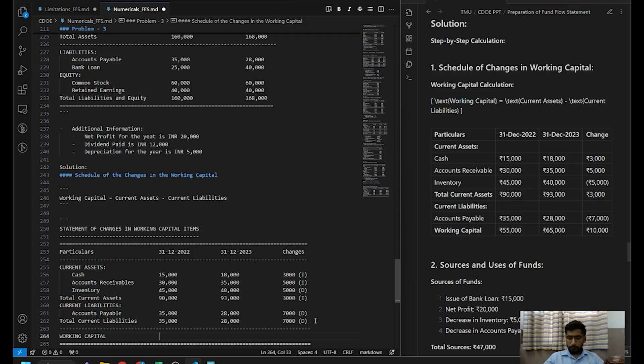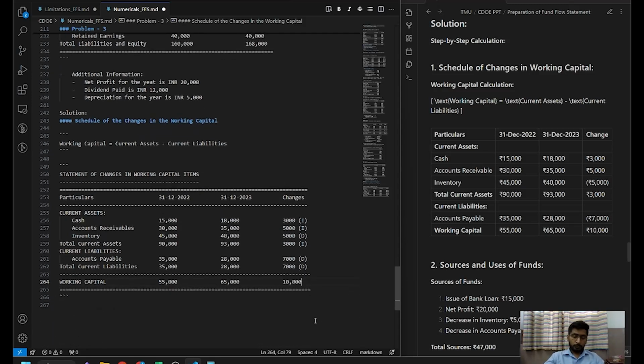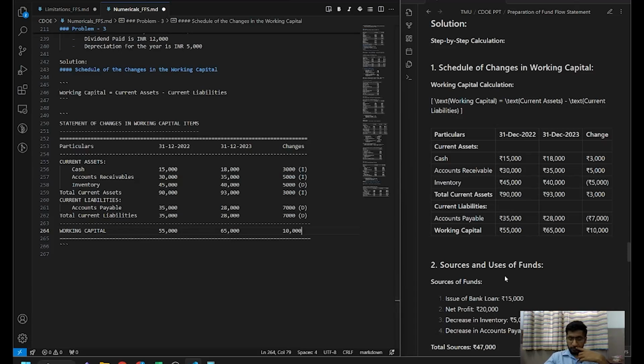So 90 minus 35 is 55,000, that is the working capital. 93 minus 28 is 65,000, that is the working capital. And this resultant change is rupees 10,000. Okay, so this is how the working capital will be calculated.